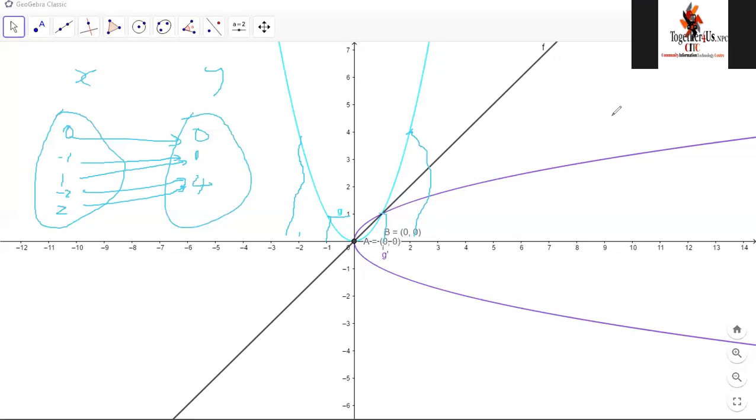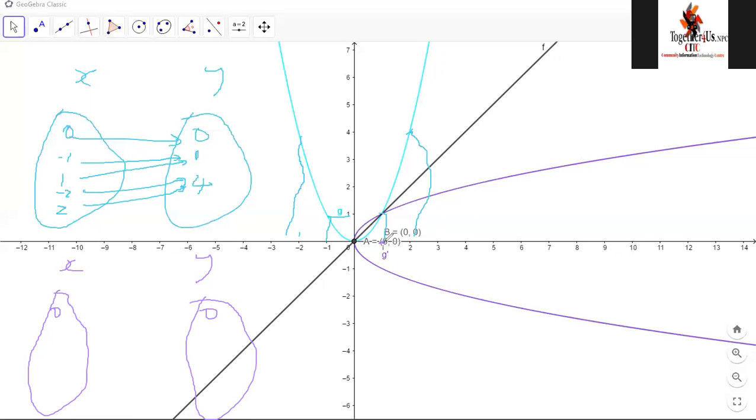Now let's see what is the problem with the purple one. With the purple one, I've got X, I've got Y. And what is happening here is, it seems to start off very well, such that when I have 0 for X, I also have 0 for Y. But once I get to 1, check what happens.